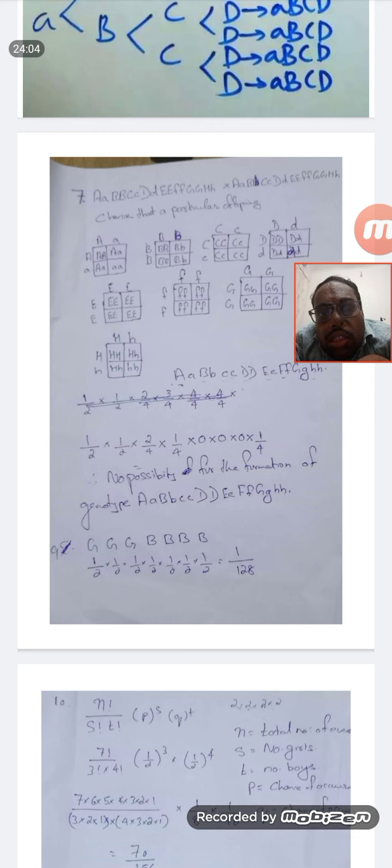Because of this, it is not possible to get any offspring with this genotype. So this genotype is not possible. Am I clear? And here, when I asked, it should not be heterozygous E, it should be capital E, capital F and capital F. So please correct that. Is it clear?